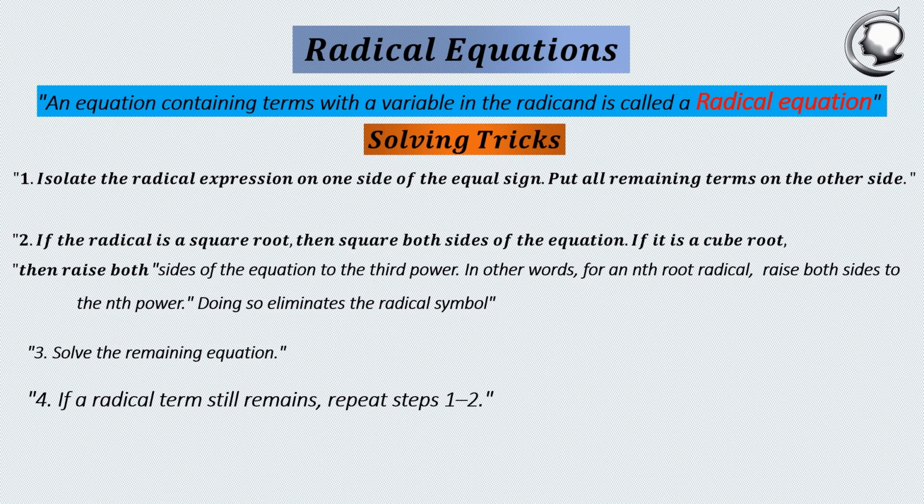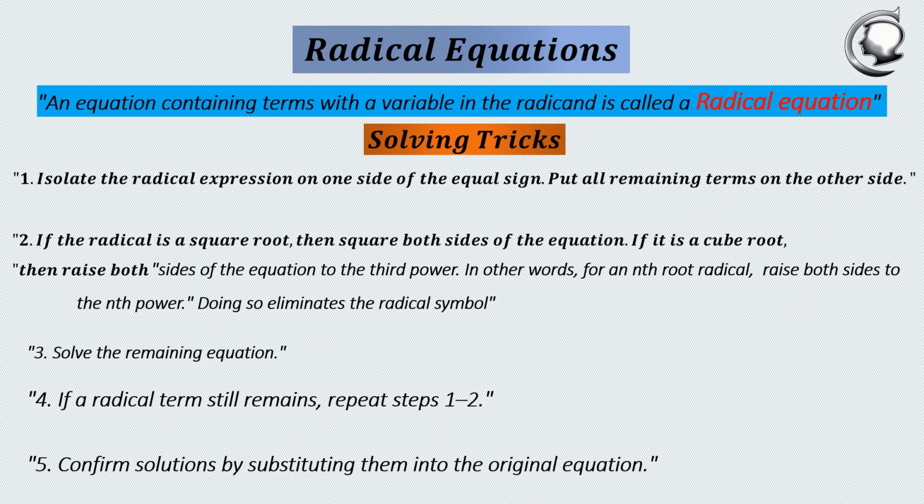If it is a square root, square both sides. If it is a cube root, cube both sides. More generally, for the nth root, raise both sides to the nth power. Third, solve the remaining equation. If another radical is still present, repeat the process.